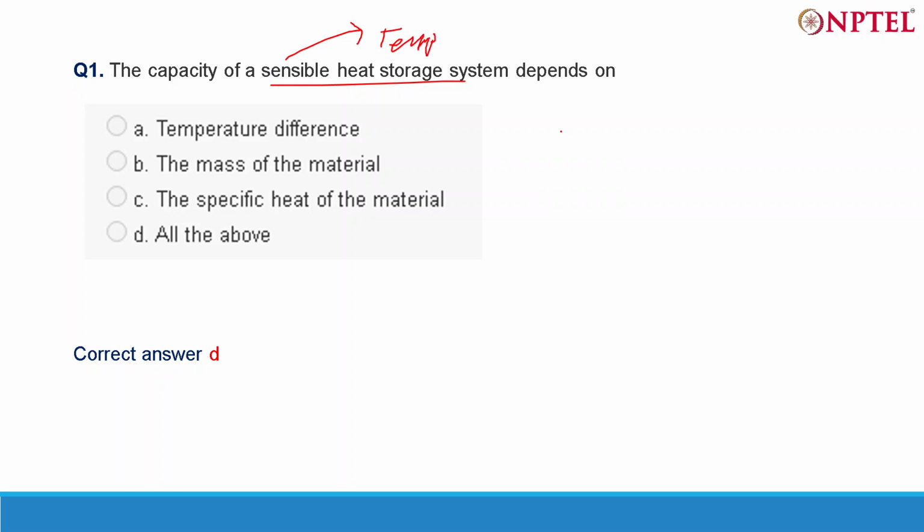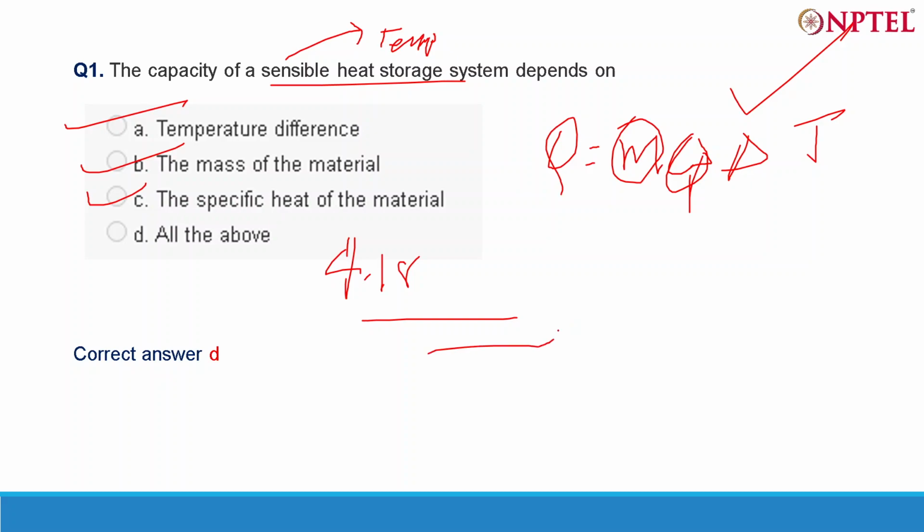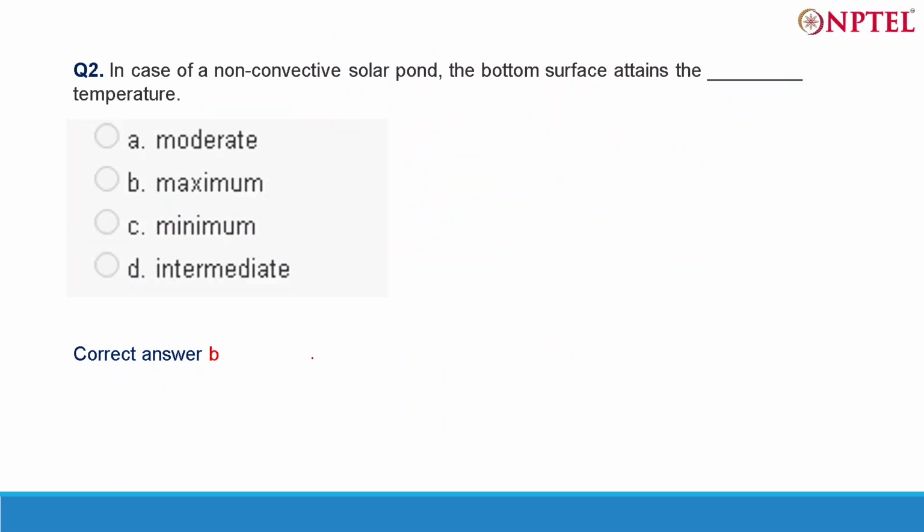Q, the capacity, equals m cp del T. So temperature is the key. Then we have the mass of the material. Then specific heat of the material also matters, because the specific heat of water is 4.18, but the specific heat of ice or something else is quite less compared to water. So all four of these affect the capacity of the sensible heat storage system.